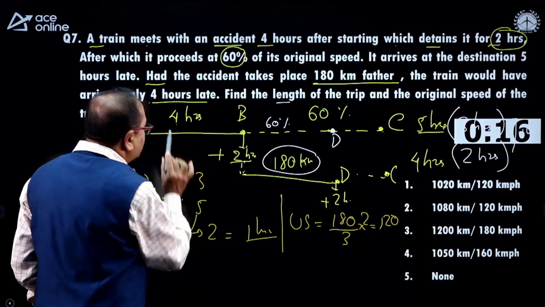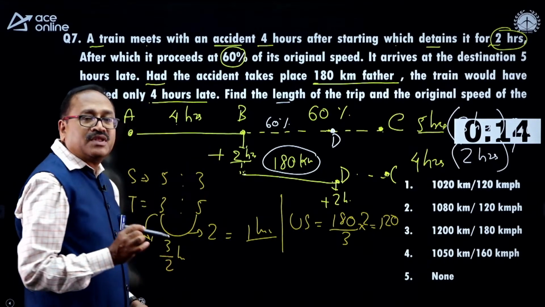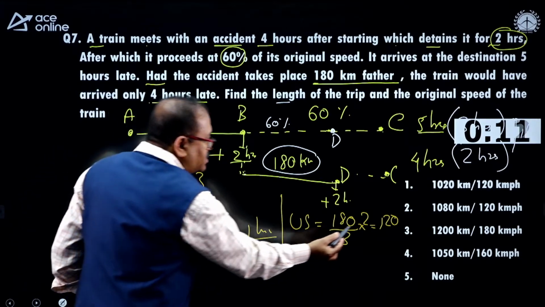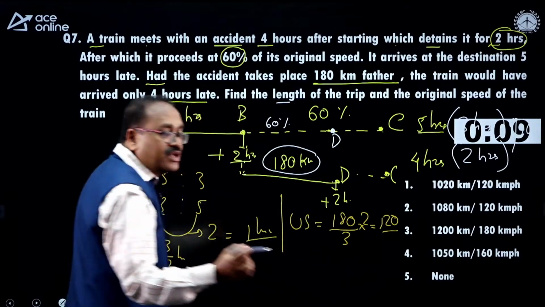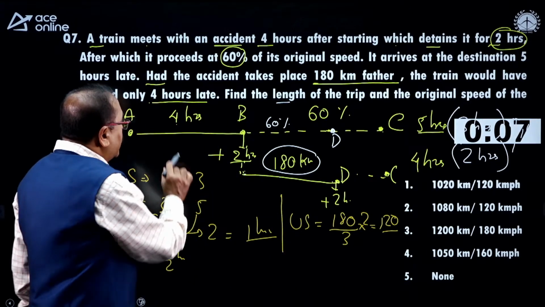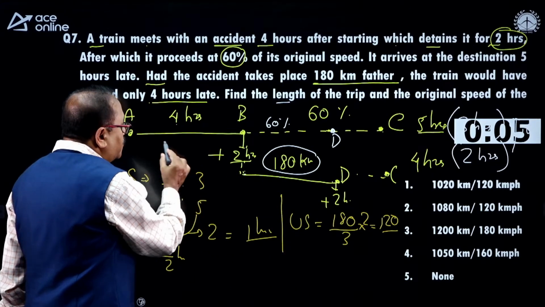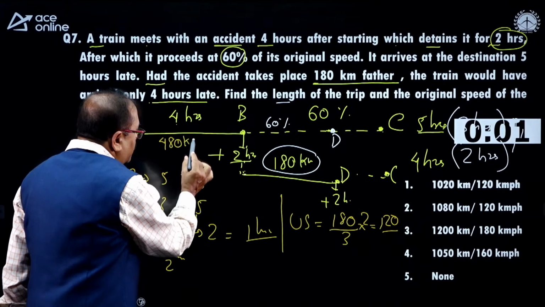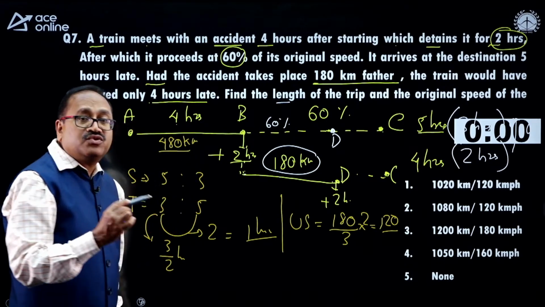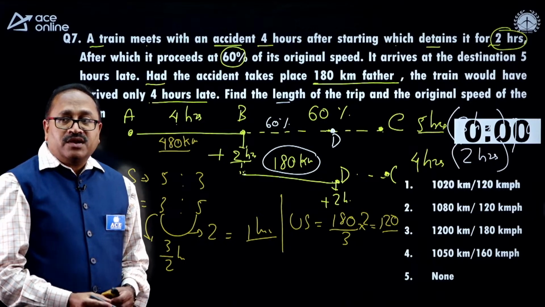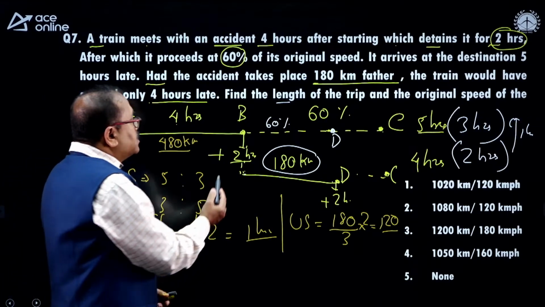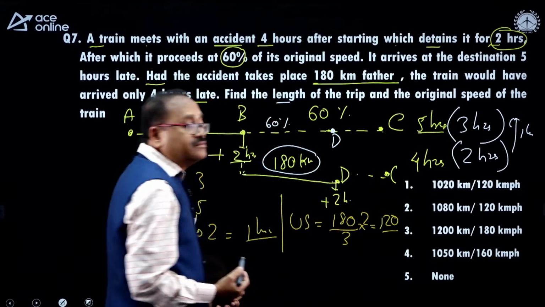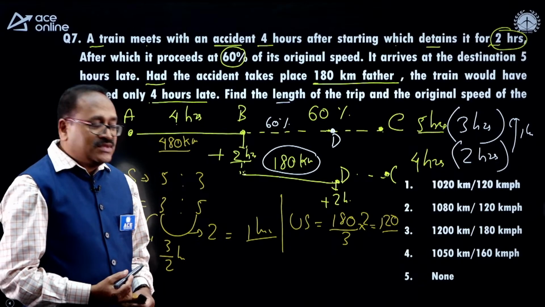I know this distance A to B. How do I know? 120 kilometer per hour is the speed, and in 4 hours, 12 into 4 is 48, 480 kilometer is the distance from A to B. What I need to find out is B to C, right?